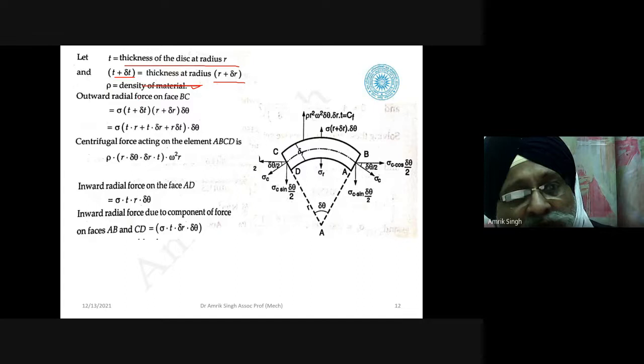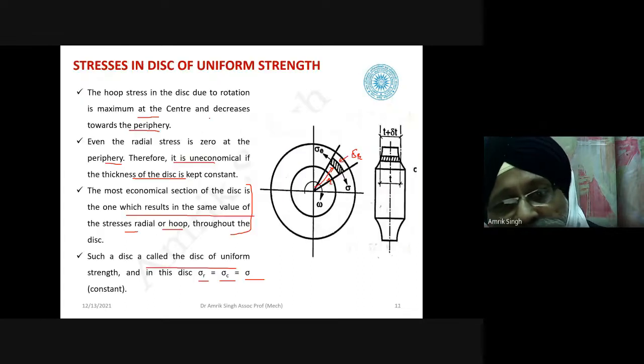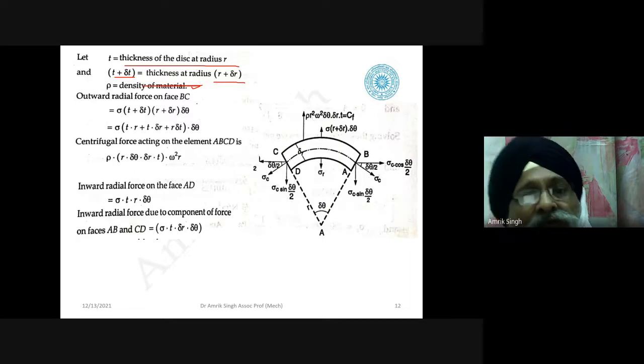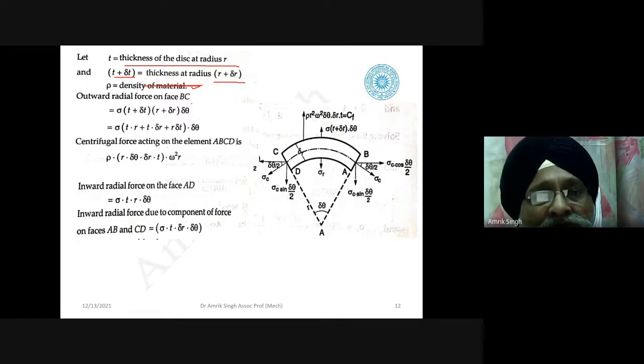So consider the outward radial force on face BC. BC is shown here; you can say A, B, C, D. So the outward radial force on the face BC.